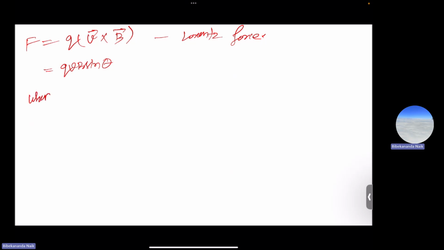So when theta is 0 degree or 180 degree, that we just saw, force is 0. So there will be no force. So the particle will move along its old trajectory. So it will be linear. The particle will experience no force.